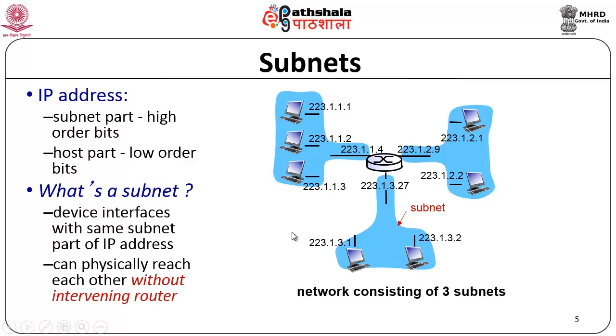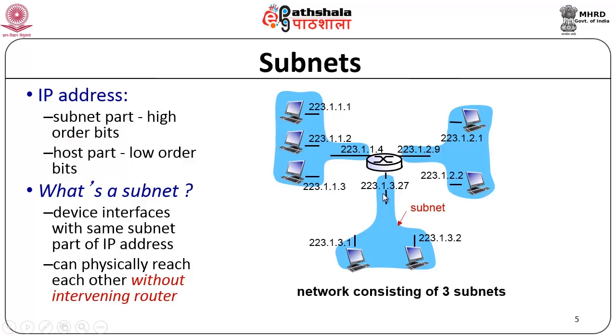Take for instance an example of a network shown here, which consists of 3 different networks, so 3 subnetworks so to say. I have a router here or a switch to which there are 3 interfaces, and on the 3 interfaces there are 3 different networks which are connected. If you look at the addresses that are assigned over here, all these addresses will have the same prefix.